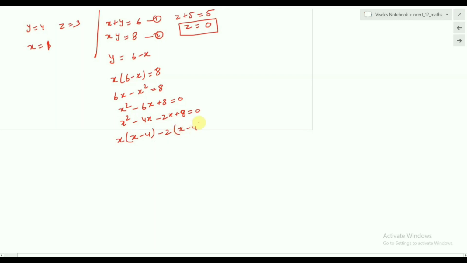So x minus 4 times x minus 2 is 0. So x will be either 4 or 2. If x is 4, what will be your y value? y will be 6 minus 4, it means 2. If x is 2, then y will be 6 minus 2, it means 4. So these are the x, y, z values.